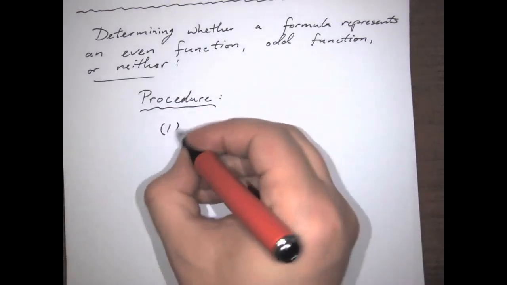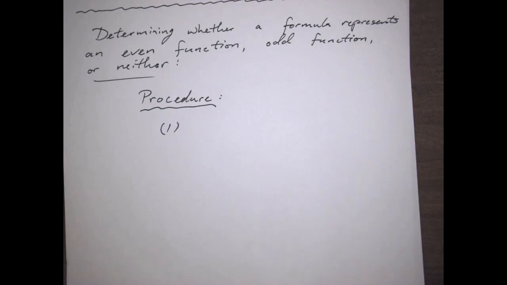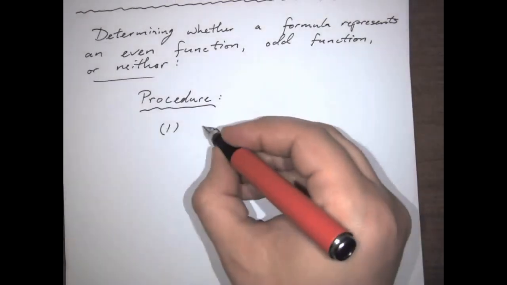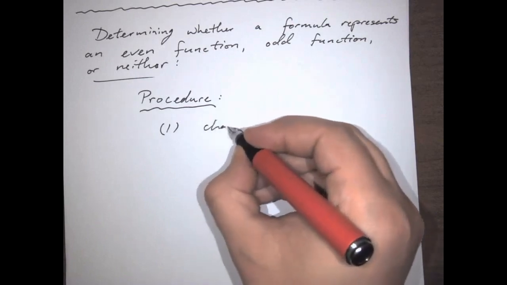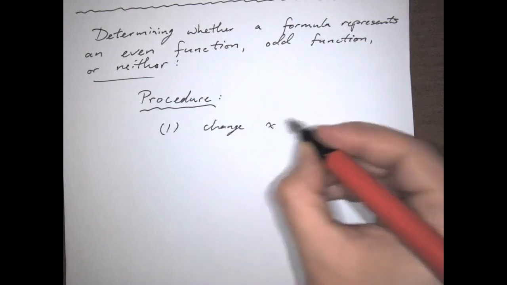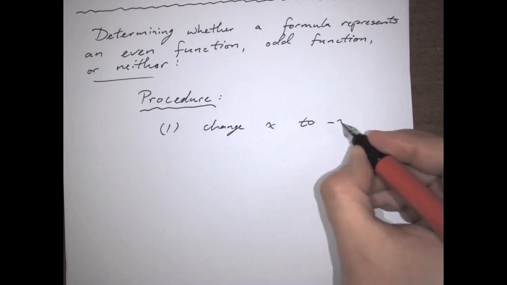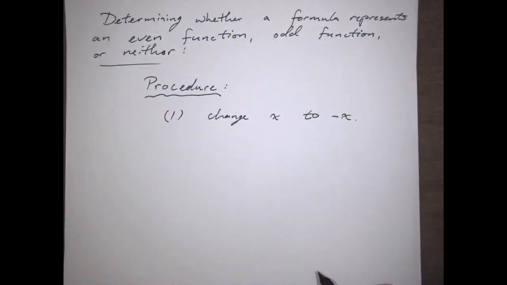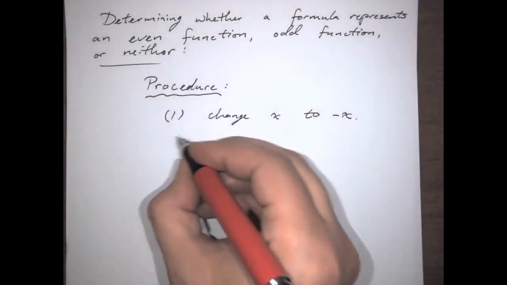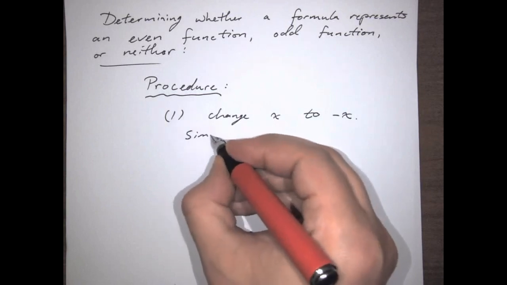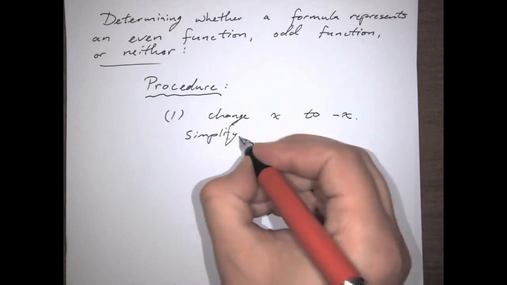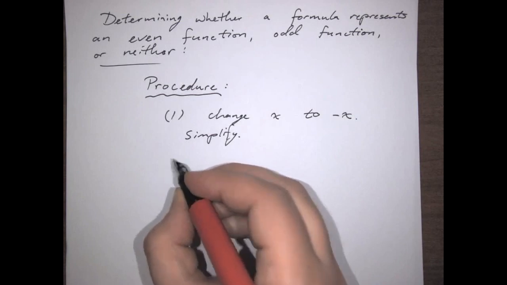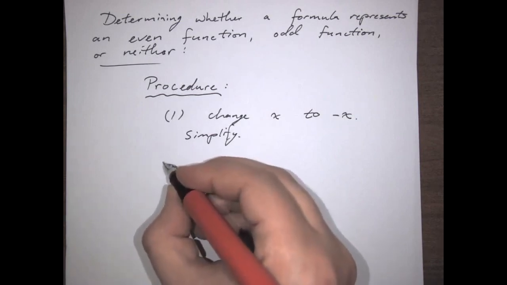Step one. Well, both cases here involved f of negative x. So step one, change x to negative x. Then, simplify. Now, the conclusion that you draw depends on how this simplifies down.